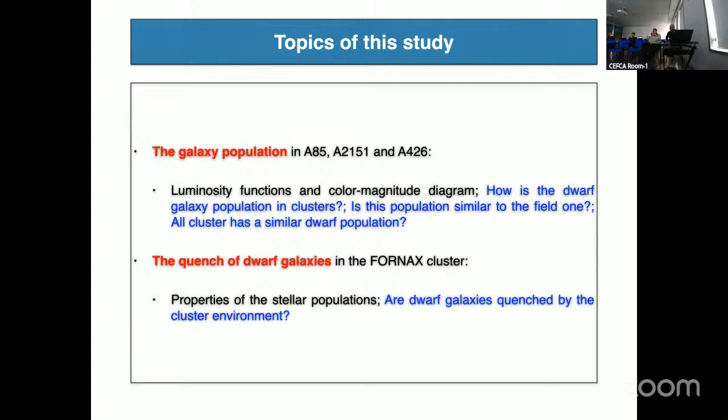How is the dwarf population in these clusters? Is it similar to the field? All these clusters have similar dwarf populations. And then in the Fornax cluster, we focused on the quenching of the dwarf galaxies, analyzing the stellar population properties of these galaxies. Are the dwarf galaxies quenched by the cluster environment, or were they quenched in a different environment?